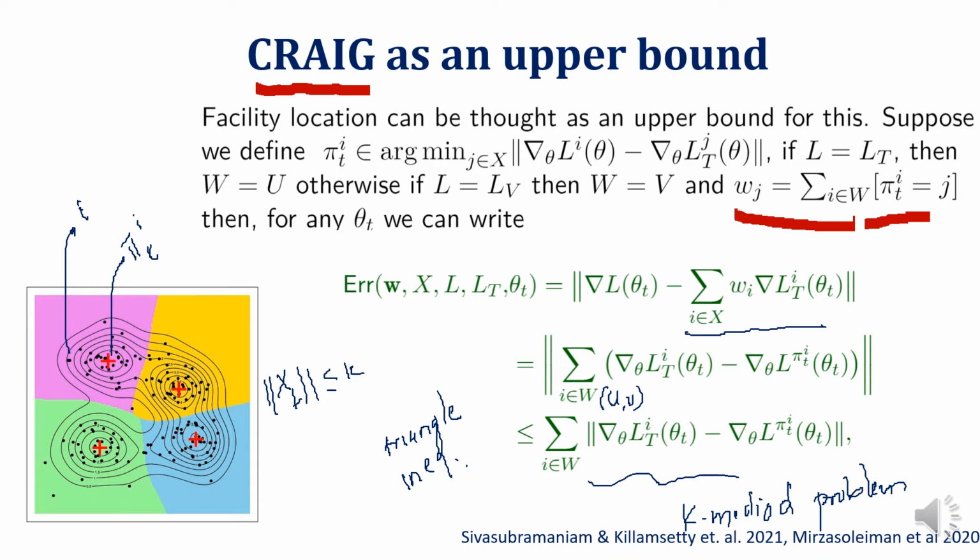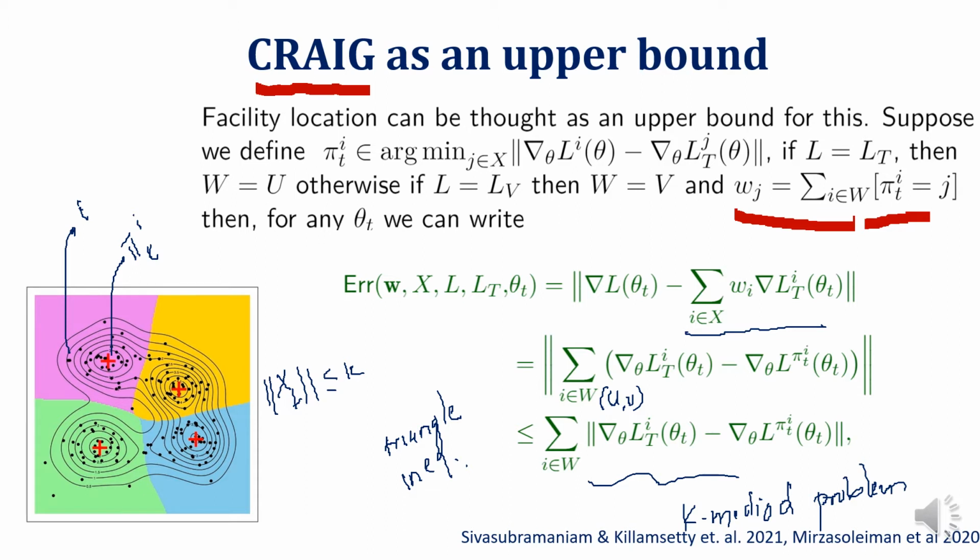So basically you imagine that you're assigning every element i to an element pi t i. So in the specific example, if this is an i, the cross is the corresponding pi t i that it is assigned to. So the pi t i's are the representatives for the i's.